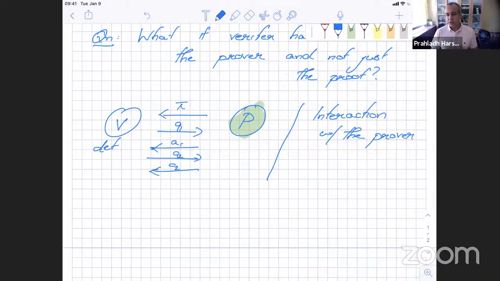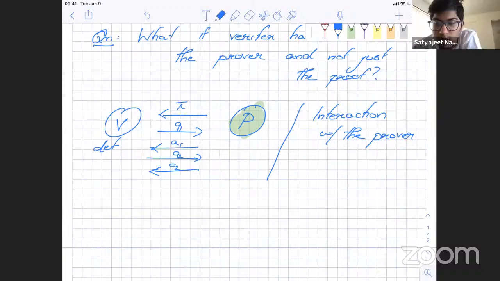It's an omnipotent Turing machine that can do all sorts of things, possibly even compute the halting problem. You're willing to have a conversation with this prover, can you do more? But the one thing is, just like with a proof, you don't trust the prover. You need to verify it. If somebody says this graph is 3-colorable, you don't trust it; you ask them for a proof. So if you have access to such a prover, can you do more than what you have done?